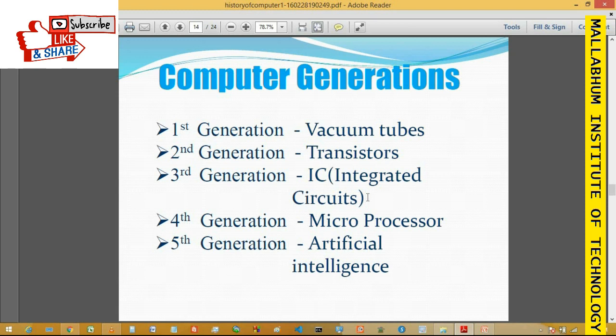Next is the fourth generation. The fourth generation is associated with the microprocessor that we have studied. The integrated circuit technologies associated with this era are large scale integration and very large scale integration, and this generation lasted from 1975 to 1978.